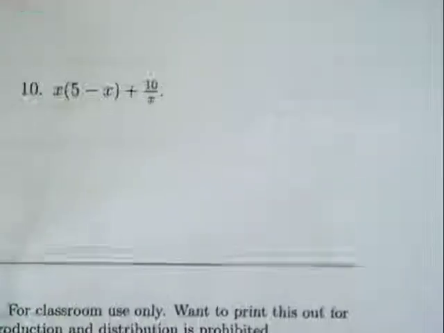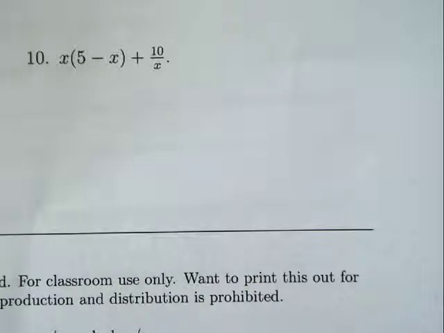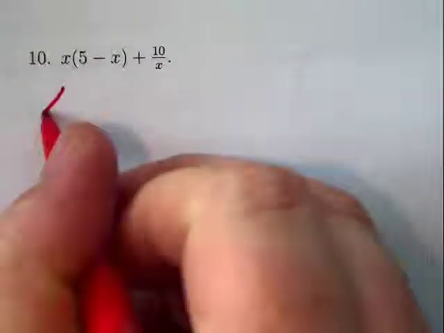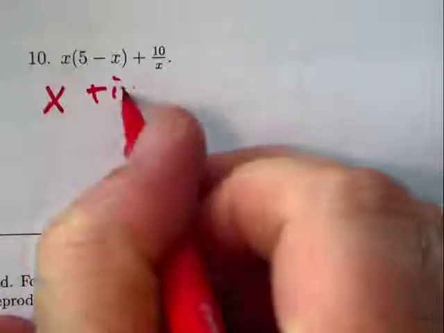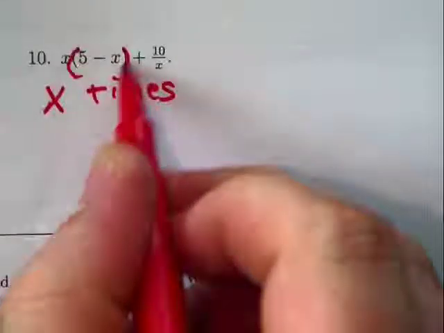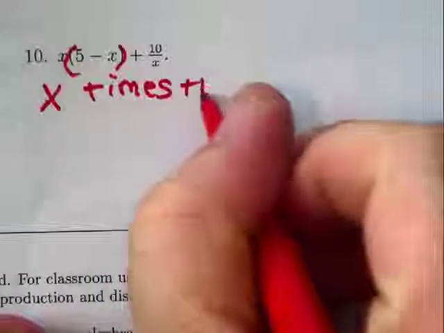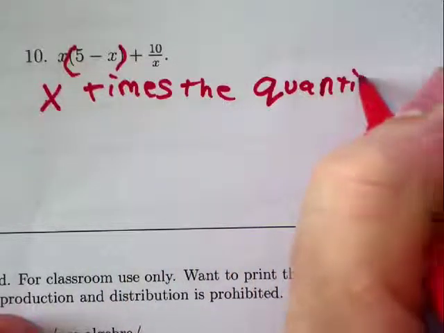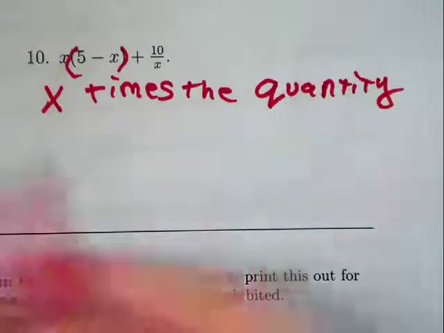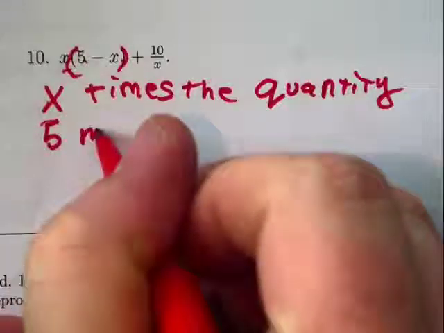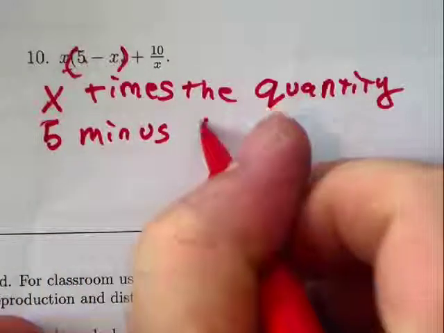Okay, and number 10. This one is confusing for a lot of people. What you need to do is just start reading it. x times the quantity, because we have parentheses, the quantity, what's inside the quantity? 5 minus x.